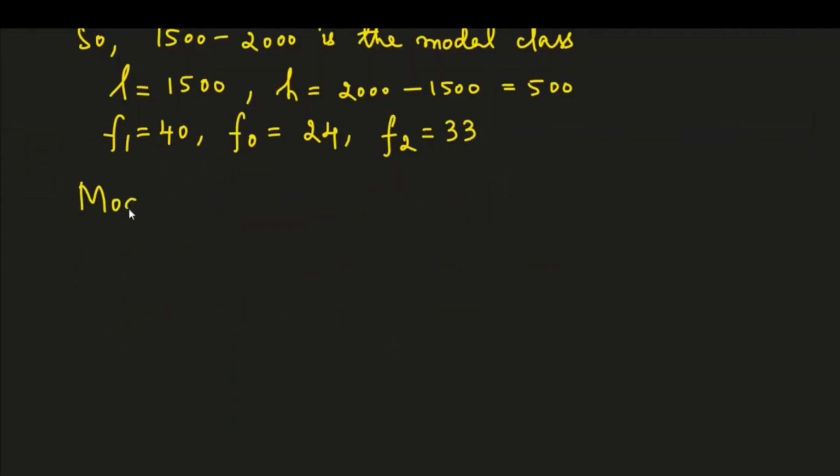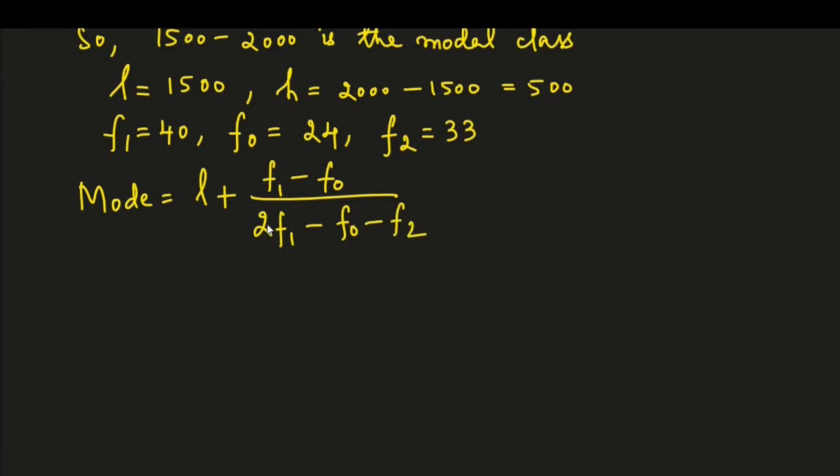Mode is equal to L plus (F1 minus F0) by (2 F1 minus F0 minus F2) into h. Now let us substitute the values. L is 1500.